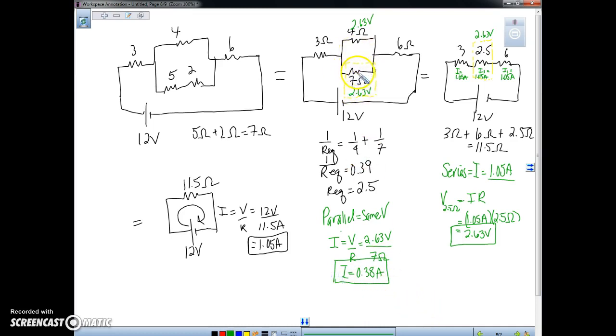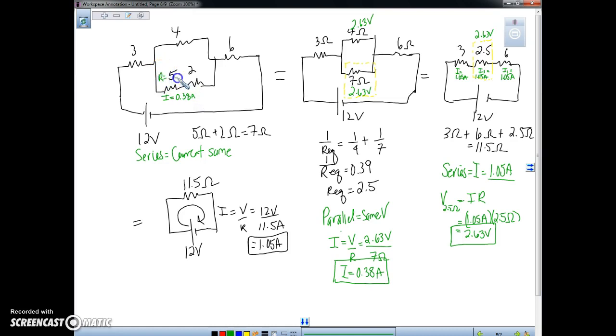Now I look back and see what this was originally. This was originally a series right here, which means series equals the same current. Which means this current is the same right here. Now I'm going to ignore the 2 because it just asked for the 5. And this is the resistance.